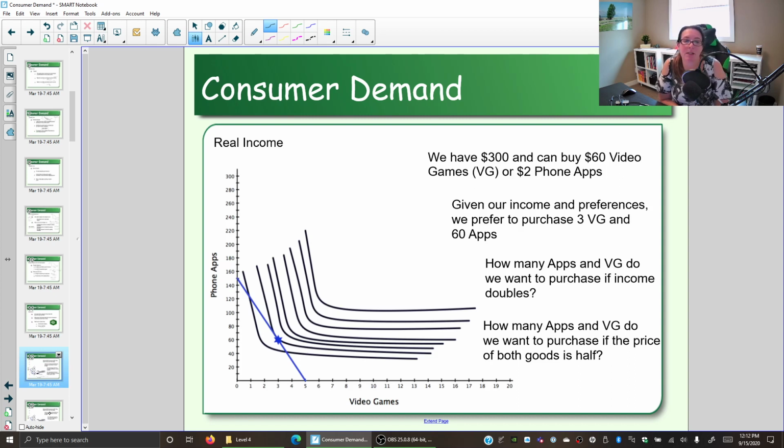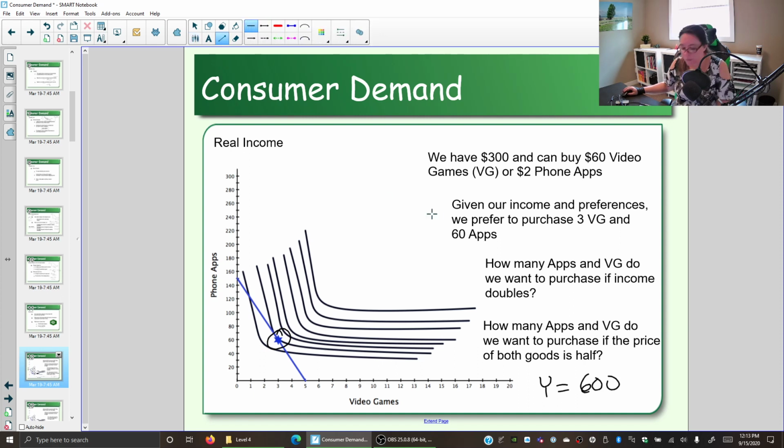We can also see this on our graphs that we've been looking at before. So here are the indifference curves and the budget lines from an earlier example, right? We had $300. We could buy $60 video games and $2 phone apps. Given our income and our preferences, we ended up at this optimal consumption point of 3 video games and 60 apps. Now, if there is a change in our actual income, so if our income went from 300 to 600, we saw a change in our buying power.